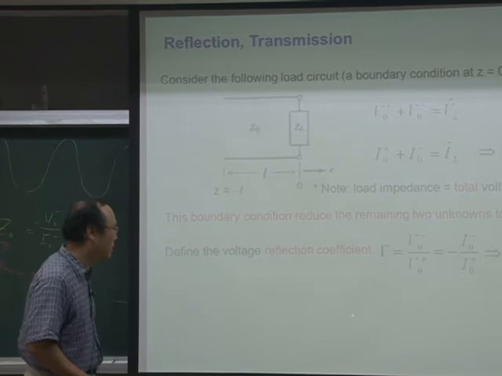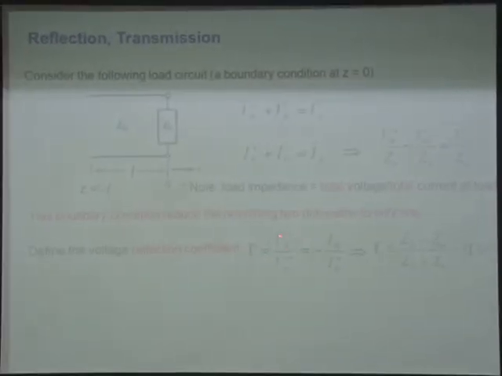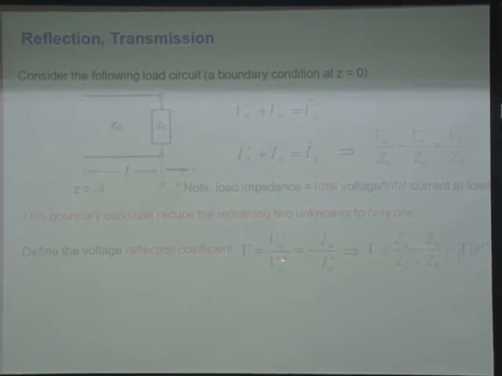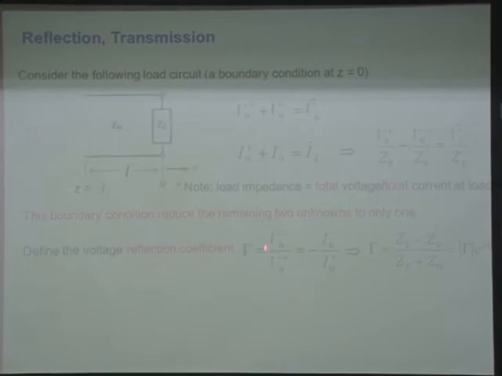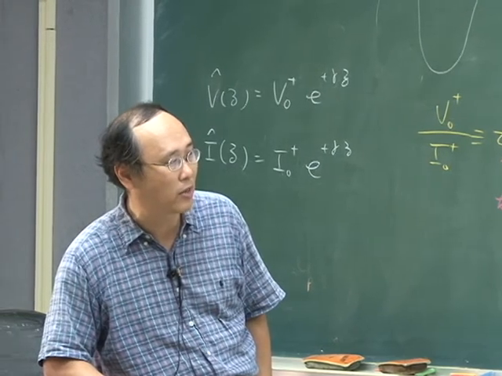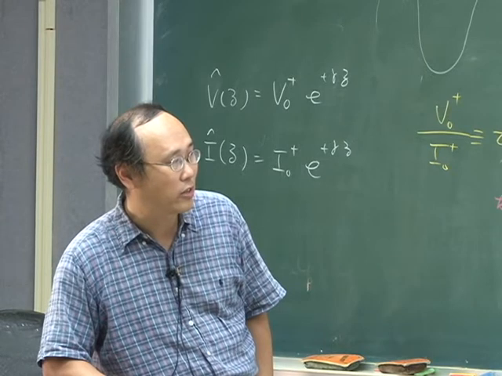So this gamma could be positive or negative. It is just the ratio of the reflected signal over the forward propagating signal, and this amplitude could be positive or negative. In general it is a complex number given by this expression: the load impedance minus the characteristic impedance, over the load impedance plus the characteristic impedance.